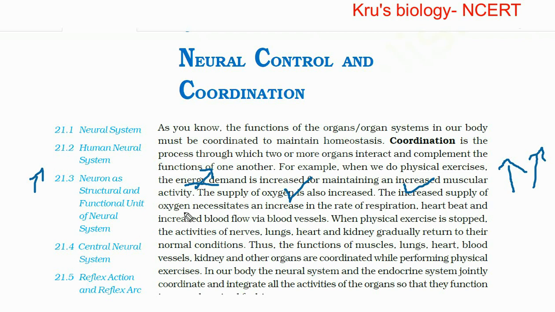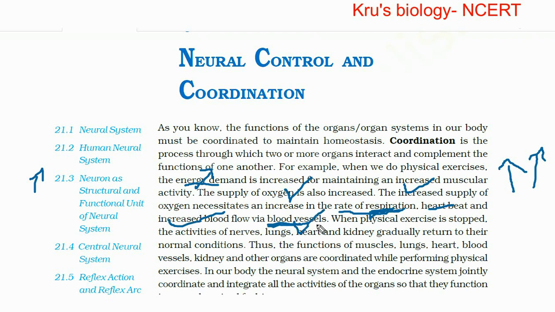The increased supply of oxygen necessitates an increase in the rate of respiration. When physical exercise is increased, energy demand and oxygen demand will be increased, and the rate of respiration is also increased. Heartbeat and blood flow via blood vessels are also increased.